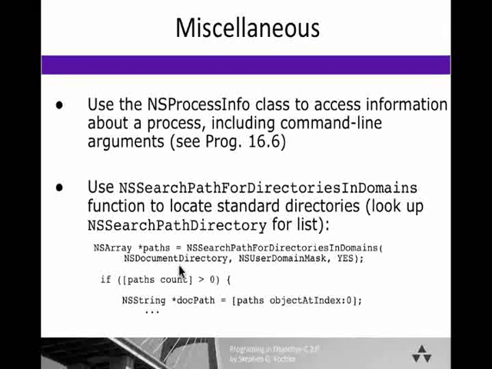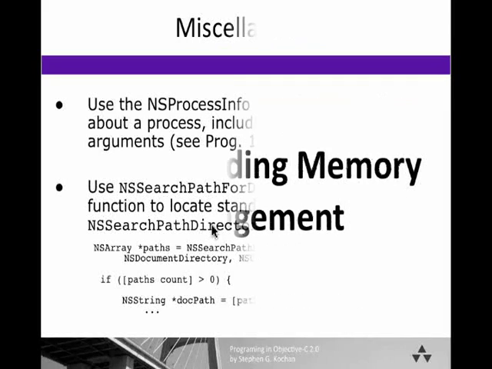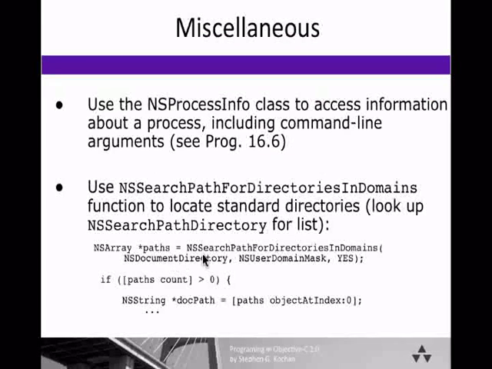If you need to get access to particular directories on a system or relative to a user, you can use this function. And I would direct you to NSSearchPathDirectory to look that up in your documentation to get a list of all the things you could look for.